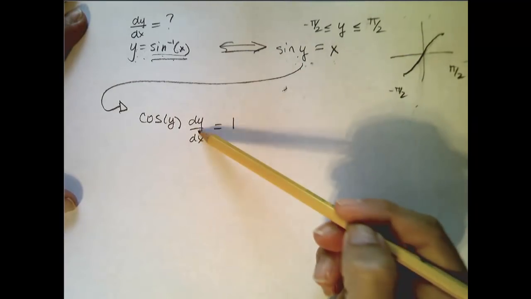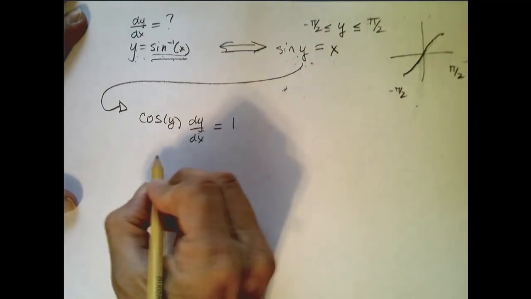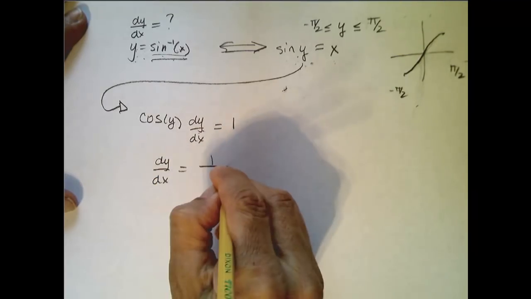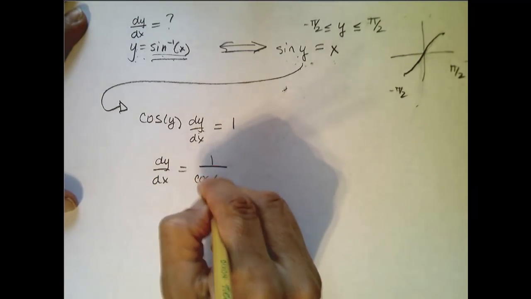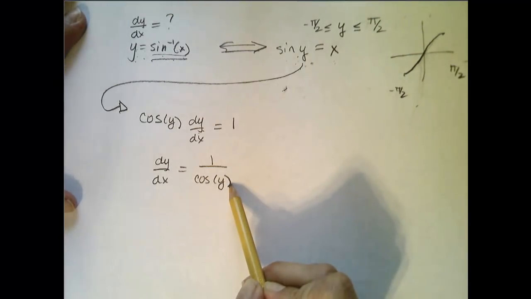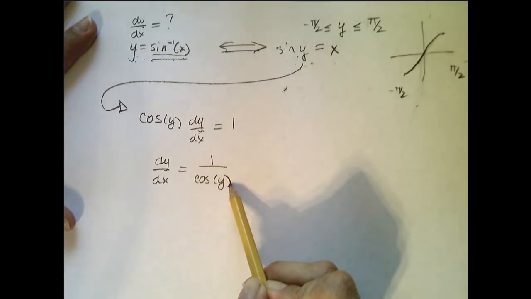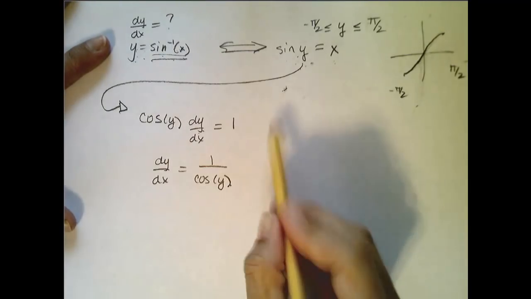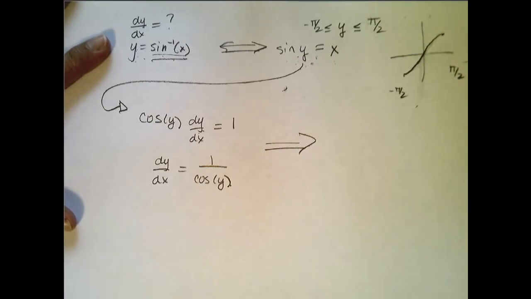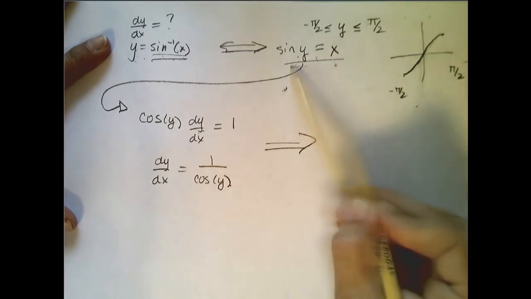Now remember, what I was in search of was dy/dx. So dy/dx equals 1 over the cosine of y. Now, this is a true statement, but if I can, I would like to write my final answer in terms of x. So I'm going to draw a triangle that represents this right here.